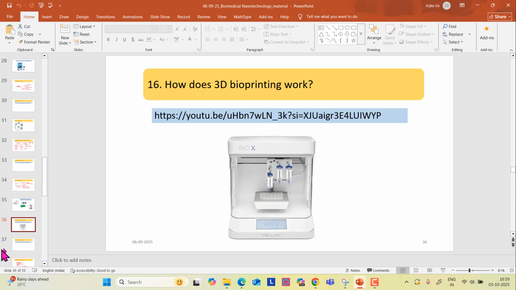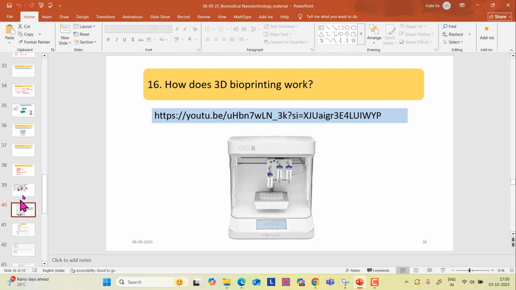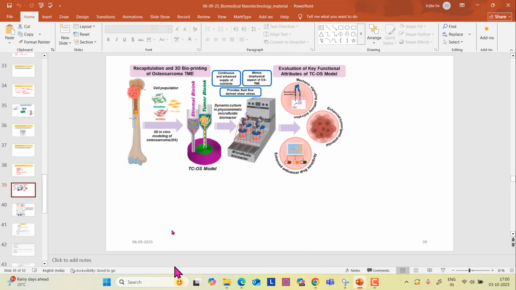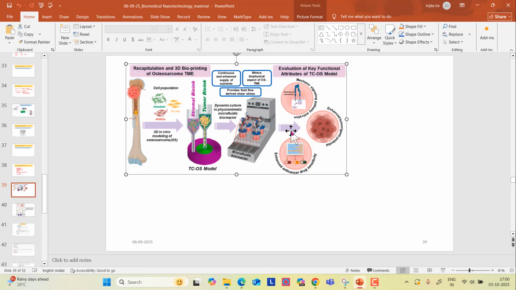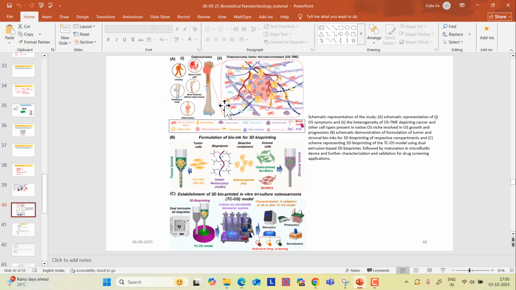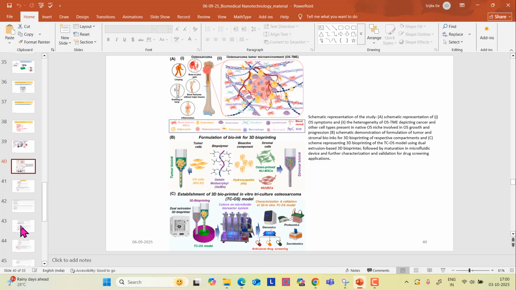So you can refer to these papers, you can go through these journals to see how these microfluidic based 3D scaffolds are formed in bioprinting. Okay.